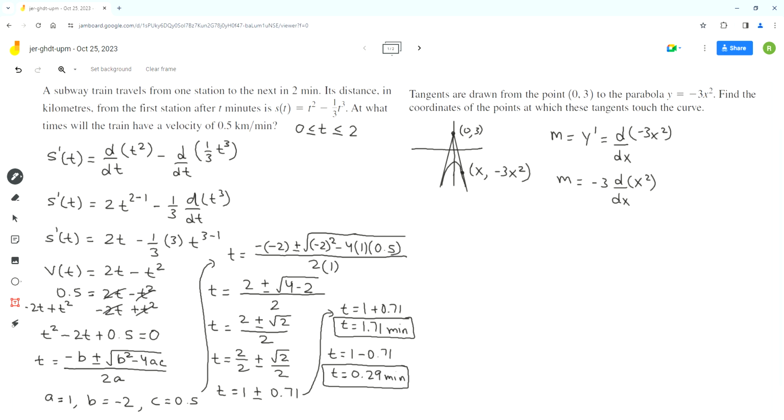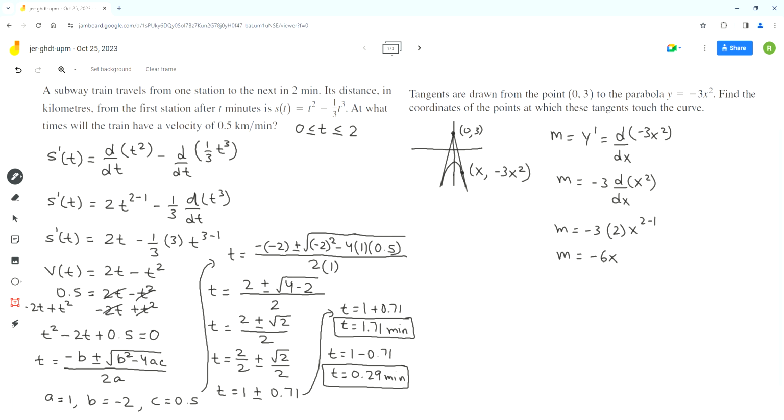We can use the power rule: it will be negative 3, and then we bring the exponent to the front and subtract 1 from 2. So we get m equals negative 6x. This is the expression for the slope of the tangent.